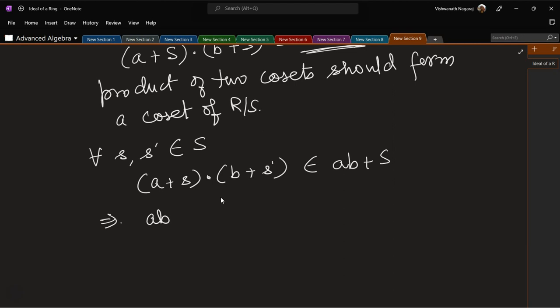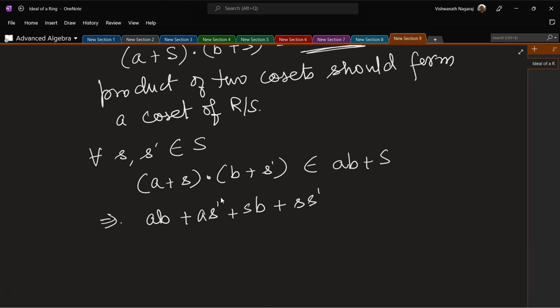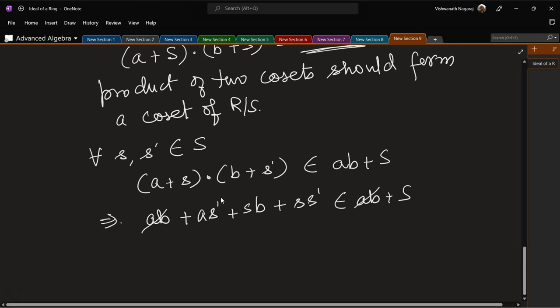So ab plus as prime plus sb plus ss prime belongs to ab plus S. So here ab gets cancelled, left cancellation law. We are left with as prime plus sb plus ss prime belongs to S.